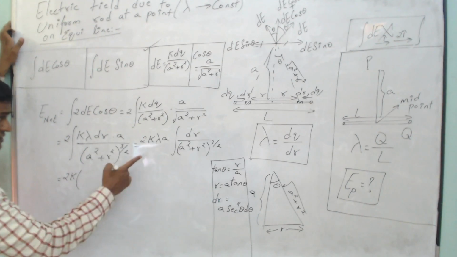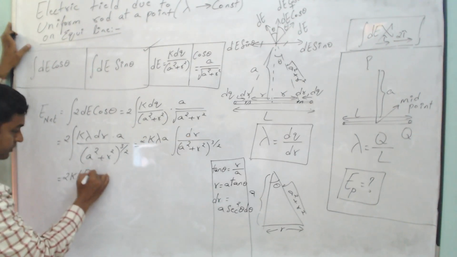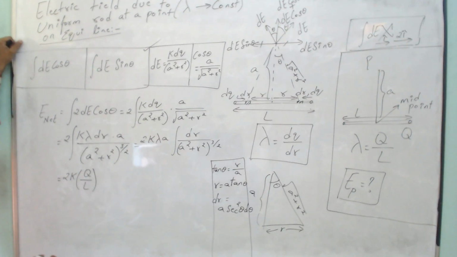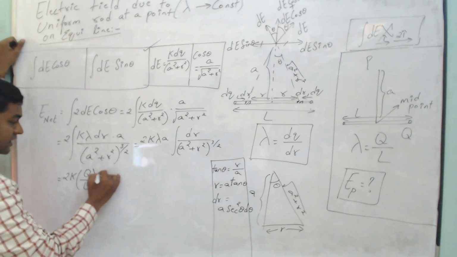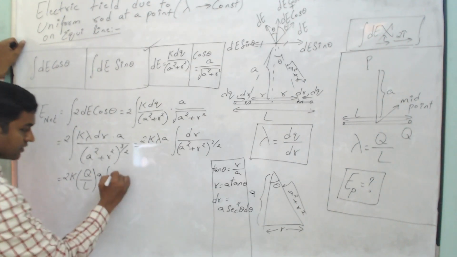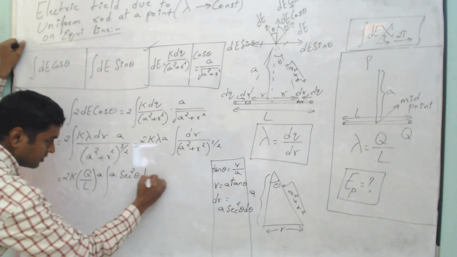By the way, what is lambda? dq by dL, capital Q upon L. Times a integral of what is dr? a secant square theta d theta.